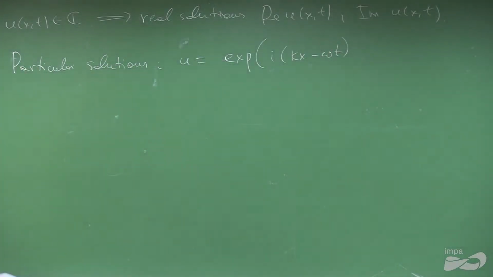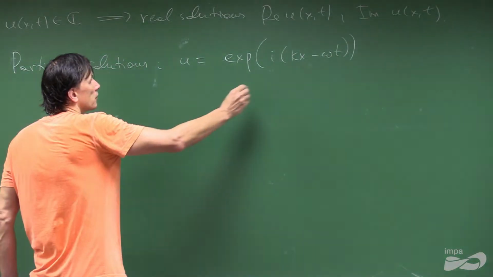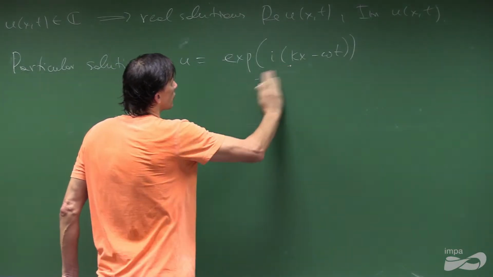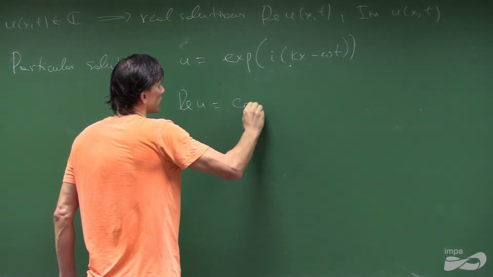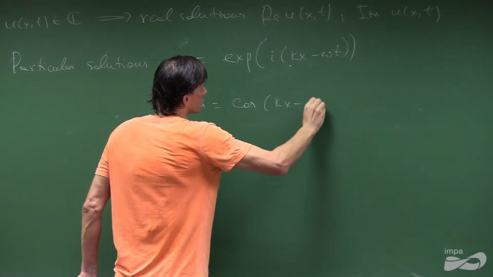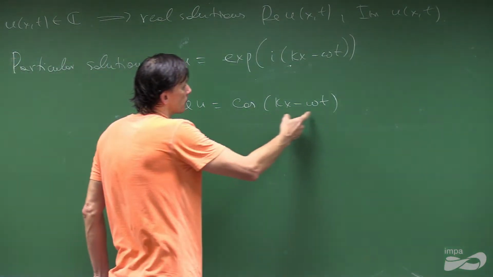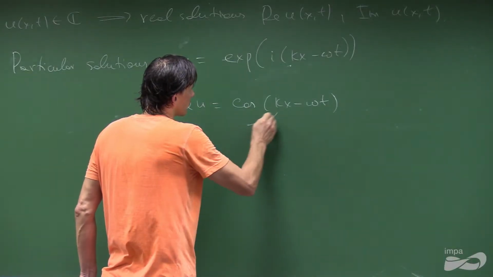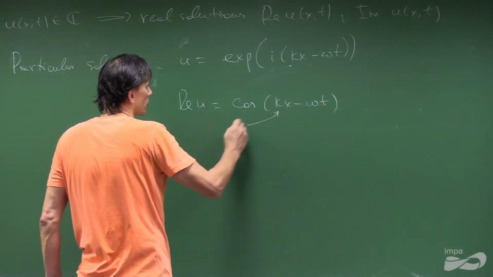If you take the real part of u, this will be cosine(kx minus omega t). That's the form of the solution we look at, and it's periodic in x and periodic in time. The prefactor of the space variable is called the wave number.